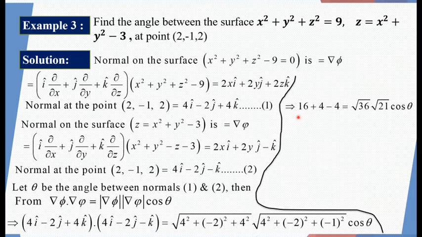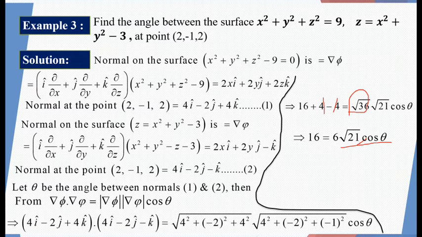So it will be 16 only, because the 4 is cancelled out by the minus 4, and square root 36 is 6. So 16 is equal to 6 square root of 21 cos theta.